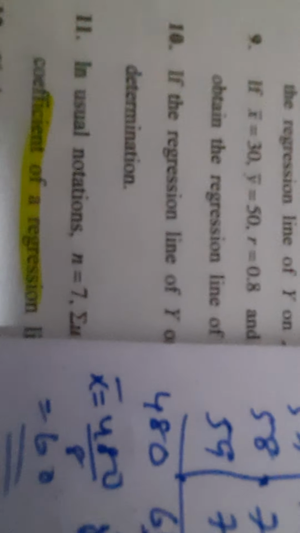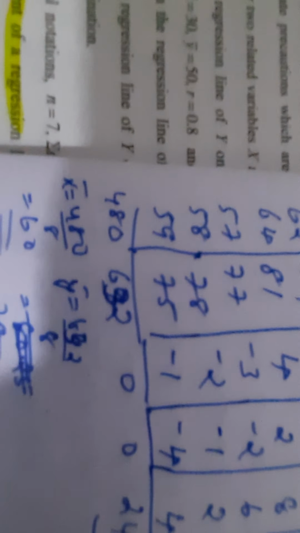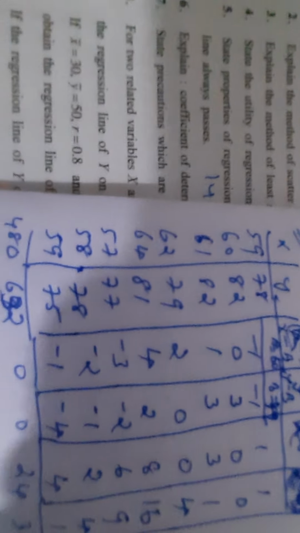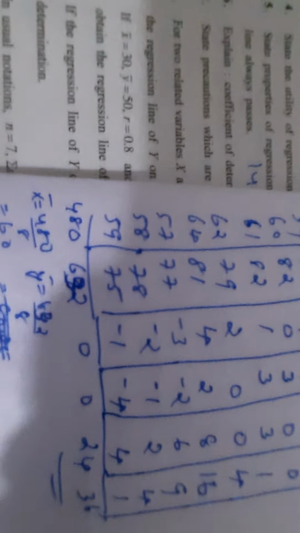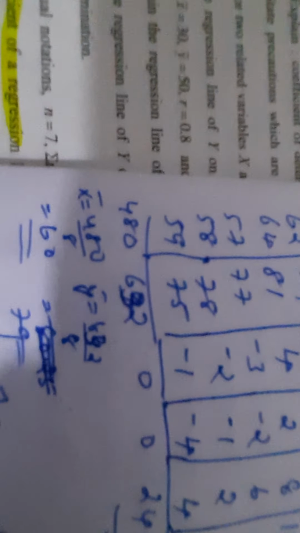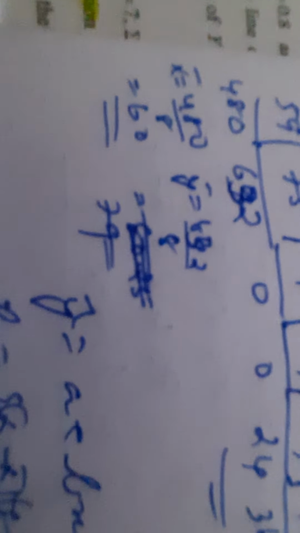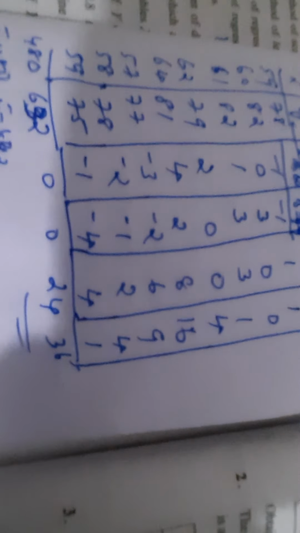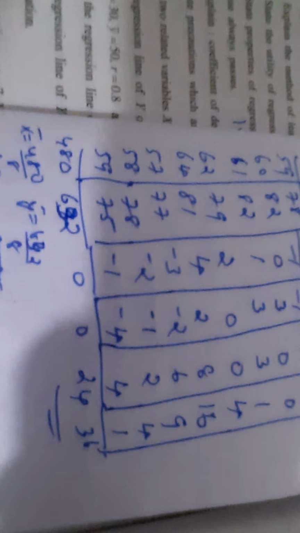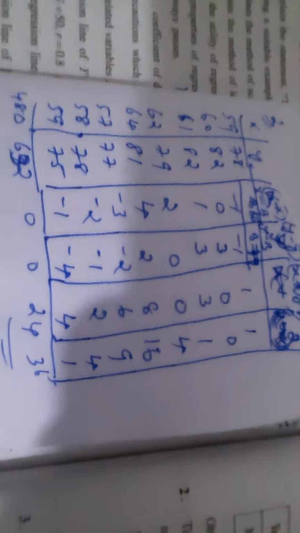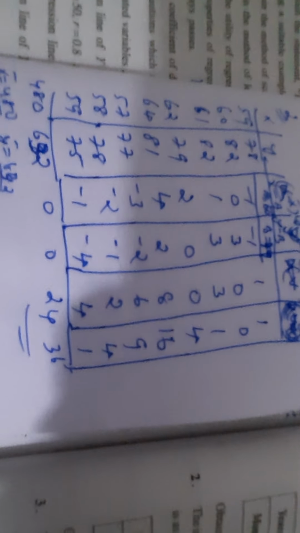Here x bar and y bar both are integers. Sigma x is equal to 480 and sigma y is equal to 632. Both are divisible by 8, and so 60 and 79 we get, and write the values x minus x bar and y minus y bar. Then (x minus x bar) into (y minus y bar) and (x minus x bar) the whole square. The same total 4 columns.